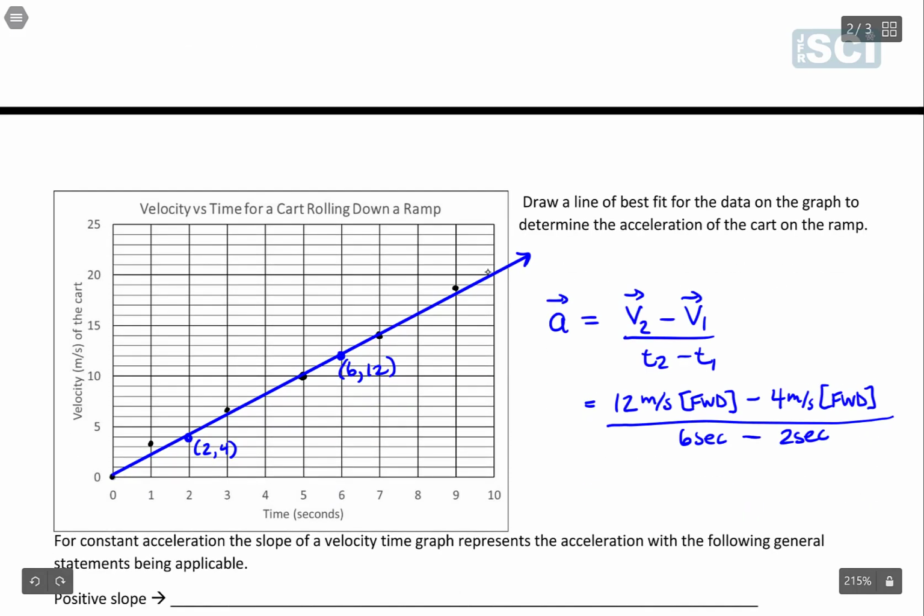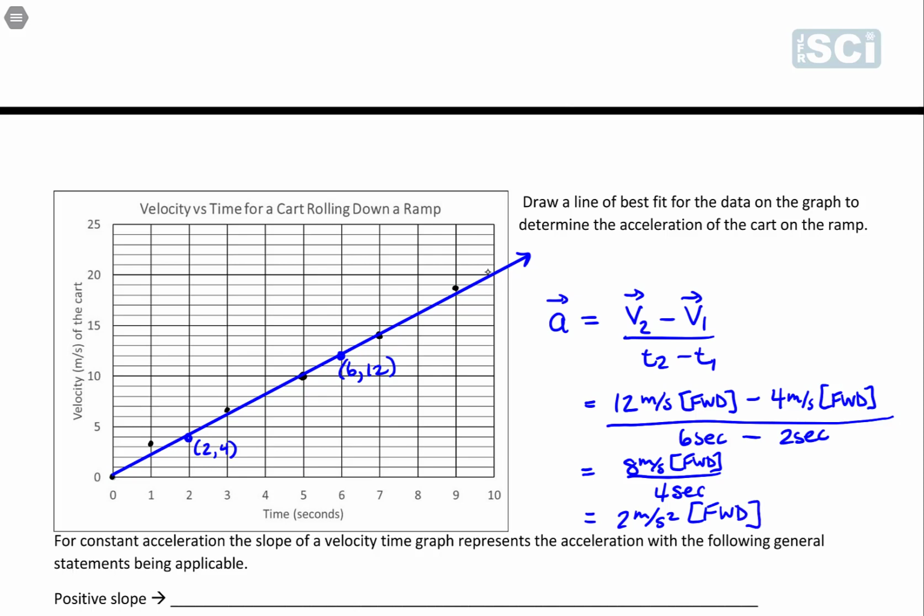If I calculate this out, I get 8 meters a second forward divided by 4 seconds, and I get that it's 2 meters a second squared forward. So I know that my acceleration of this object is 2 meters a second squared forward.